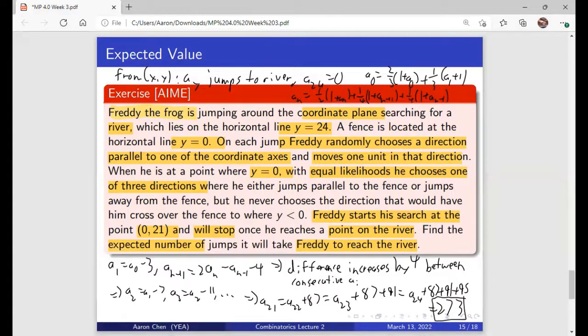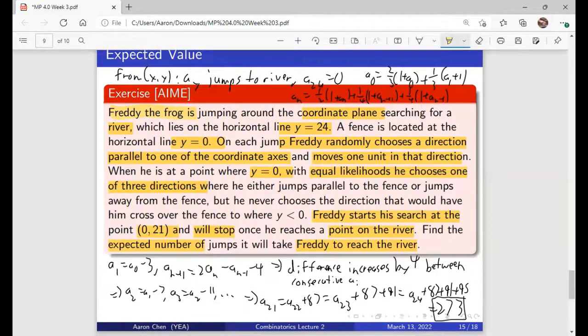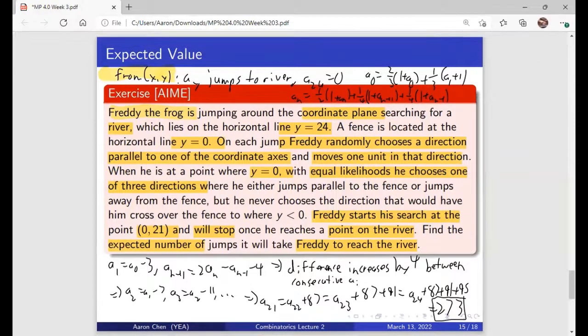So from (x, y), we can say that there need to be a_y jumps to the river. And we can say a_24 to be 0, and that's because 24 is the location of the river in the first place. So for a_0, you can see that there's a 2/3 chance that it goes to a_0 again.